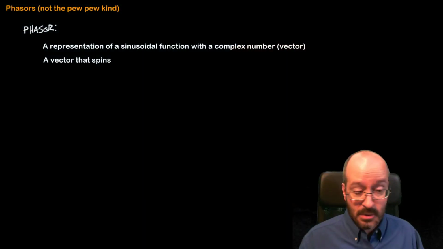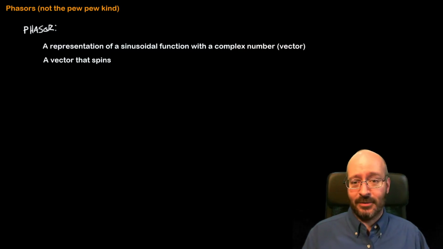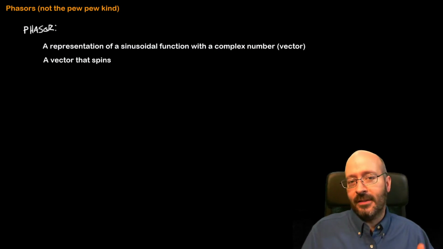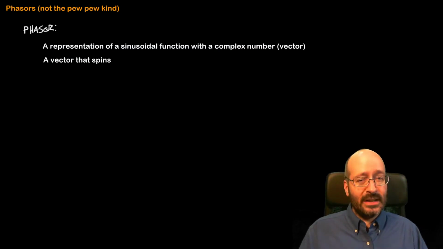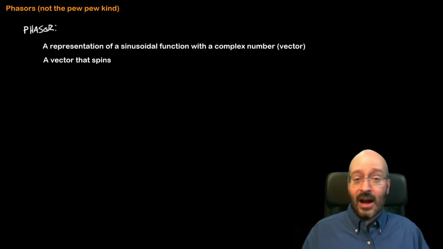Let's look at the definition. The phasor is just a way that we can represent that sinusoidal function as a complex number. So all of the stuff we've done up to this point in the semester, we're redoing, but with complex numbers.